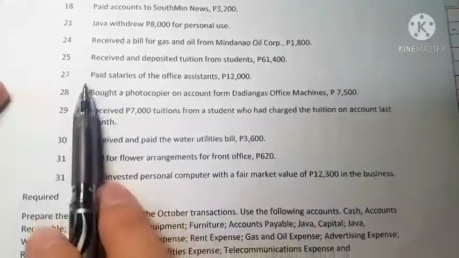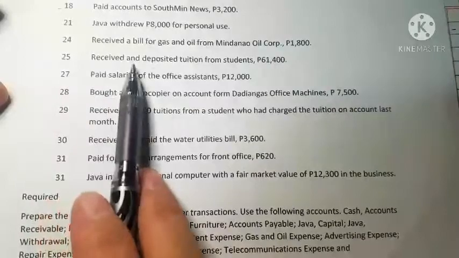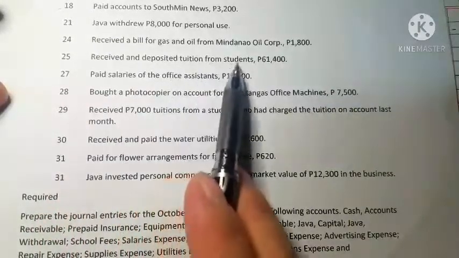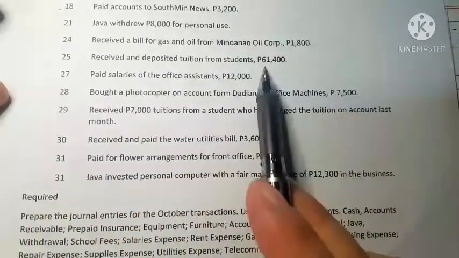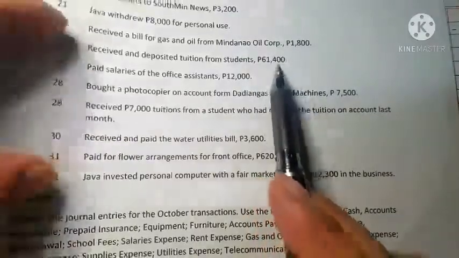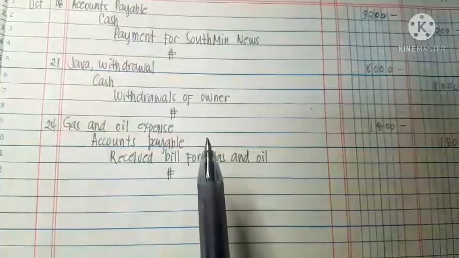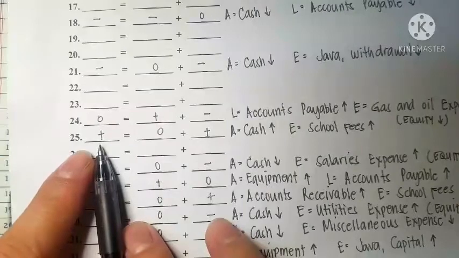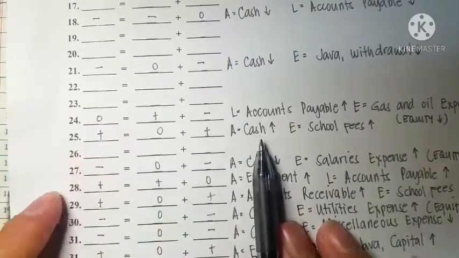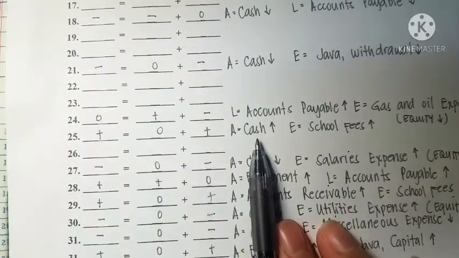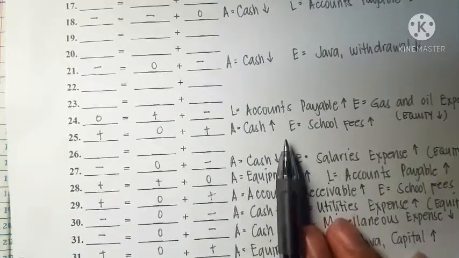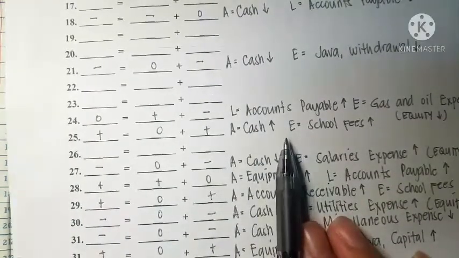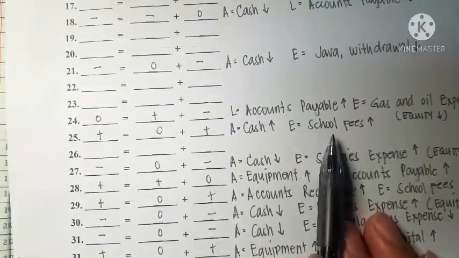Next is October 25. Received and deposited tuition from students for 61,400. So there is an increase in assets, particularly cash, and an increase in income, particularly school fees.